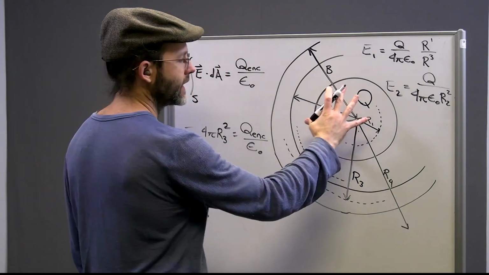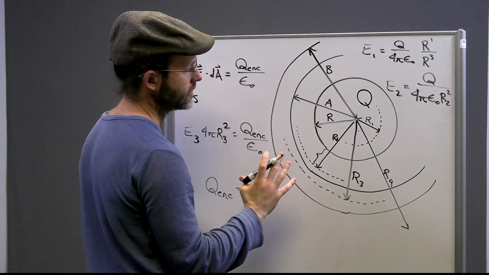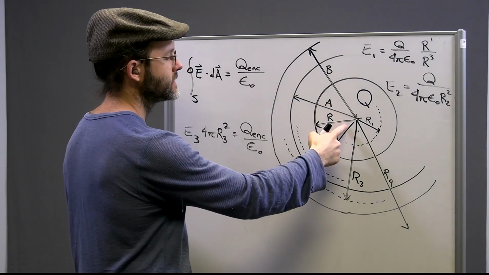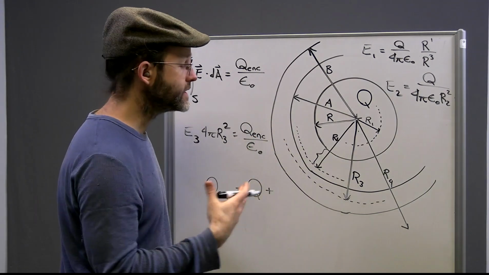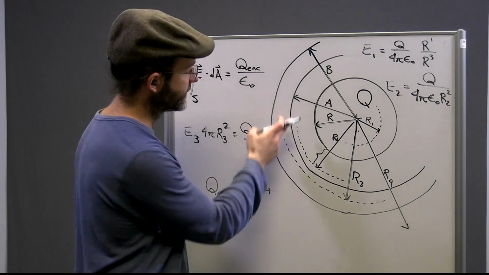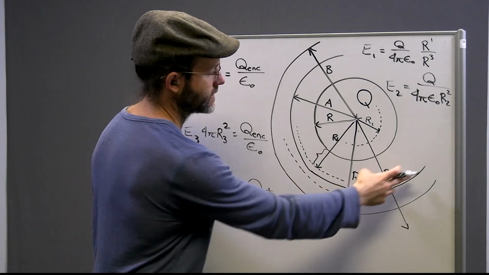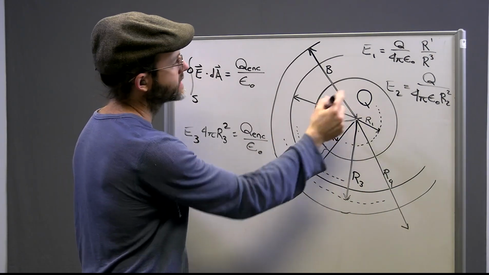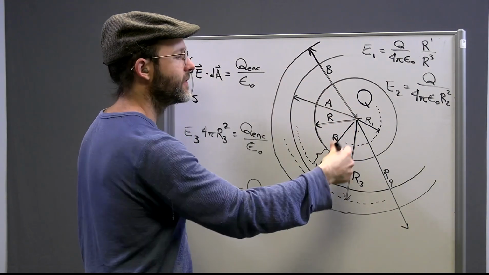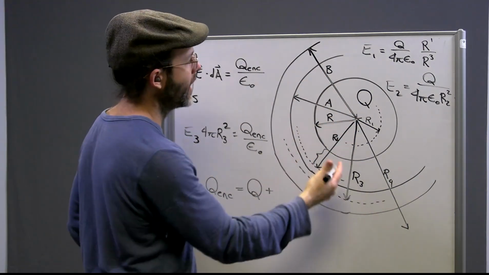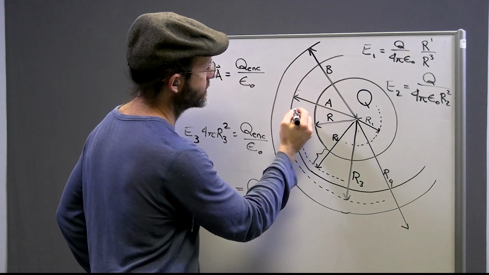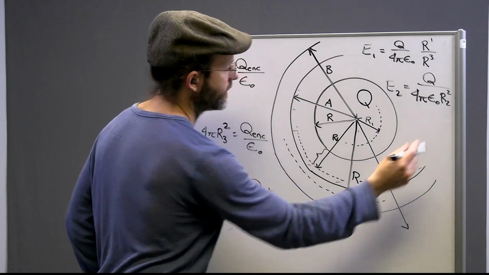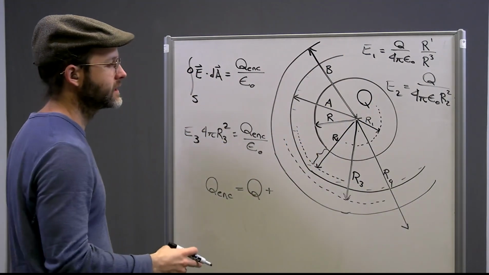Therefore, if you have a positive amount of charge Q in the middle, then that is going to induce a surface charge on this inner surface at A. Since this charge is positive, there's going to be the same amount of negative charge distributed evenly on the inner surface of this conducting spherical shell.